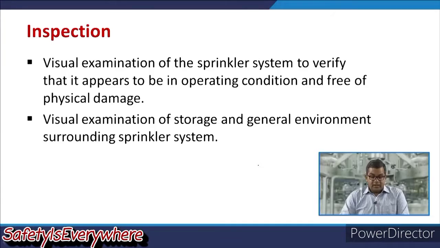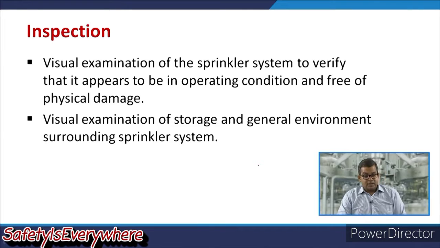First is visual examination of the sprinkler system to verify that it appears to be in operating condition and free of physical damage. You can visually verify whether they are physically okay or slightly damaged. Also examine the storage and general environment surrounding the sprinkler system.